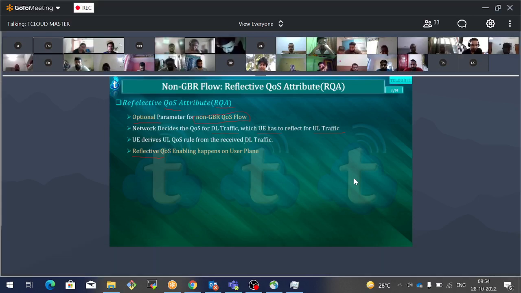After receiving the downlink traffic, from that you will be able to detect them and implement that mechanism, reflective quality of service implementation. But this reflective quality of service enabling happens on user plane. What is the meaning of it? We will understand after a few minutes. We'll see that.